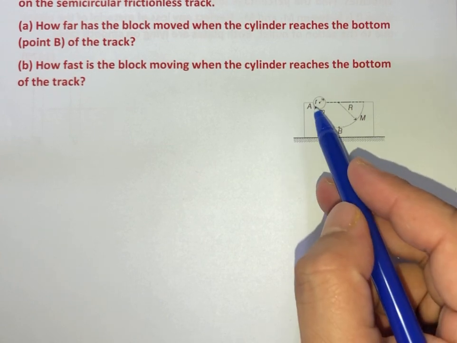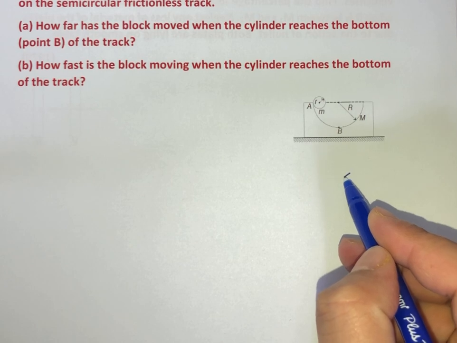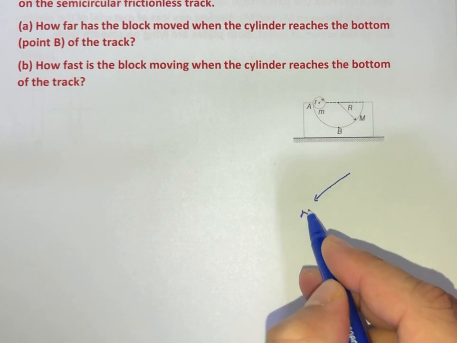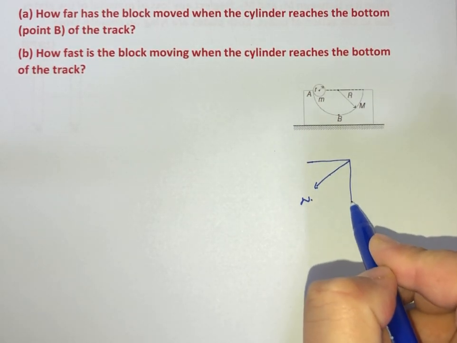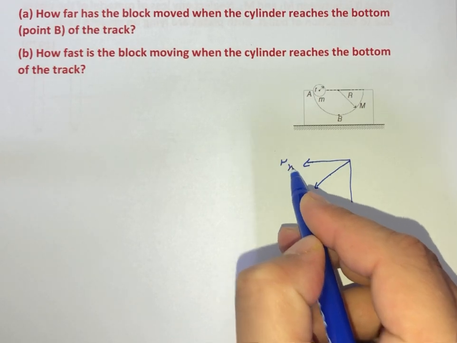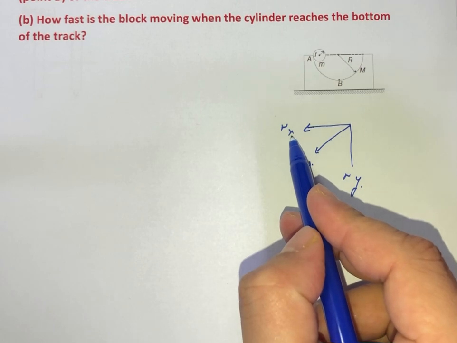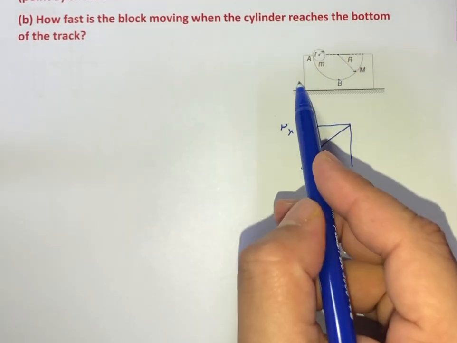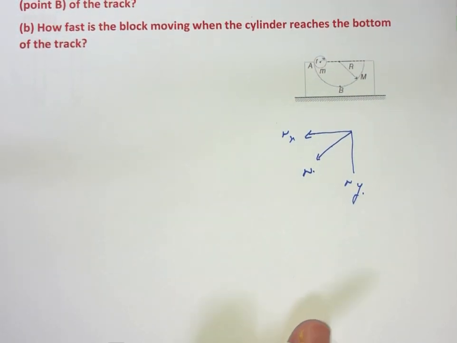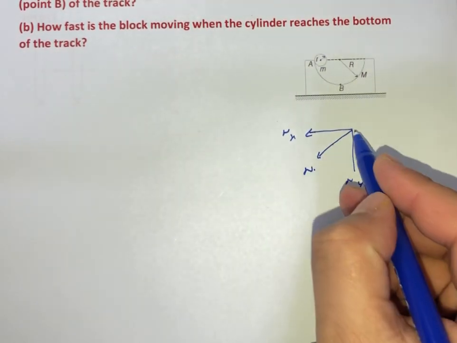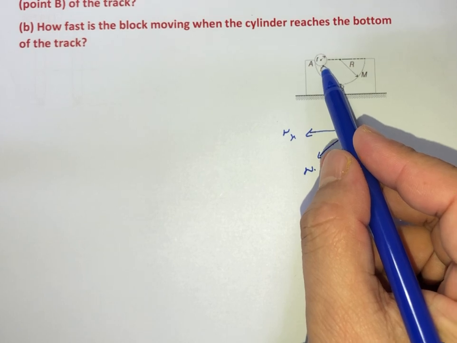As it is a semicircular surface, the normal will be acting in this direction, and this normal can be divided into two components, Nx and Ny. Because of this Nx component, the block will be moving towards left. This is the point of contact between the block and the cylinder.